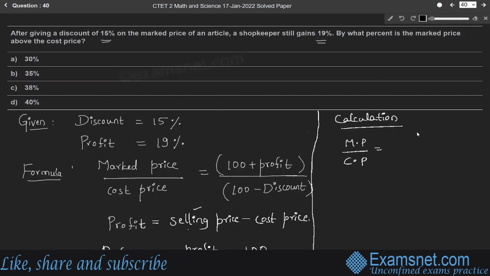Here, in the question, profit is 19%. Therefore, the shopkeeper gains 19% on 100. So it is 100 plus 19 divided by 100 minus discount given, which is 15%. Therefore, it is 119 by 85.